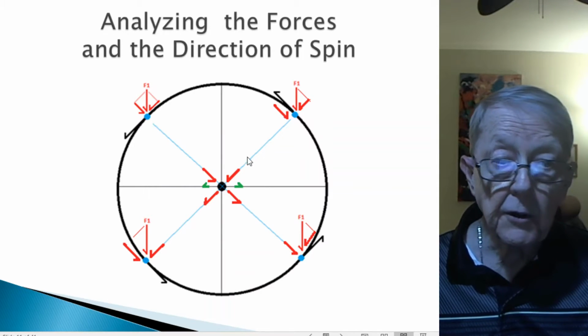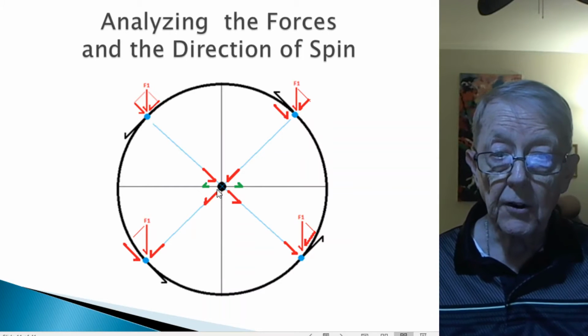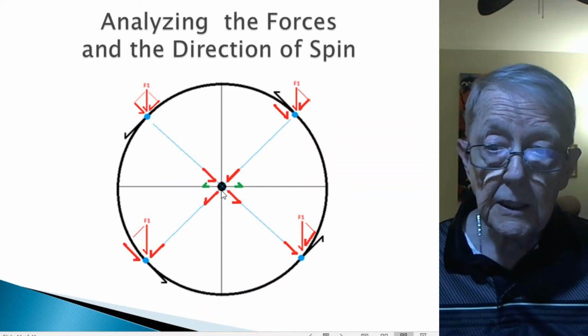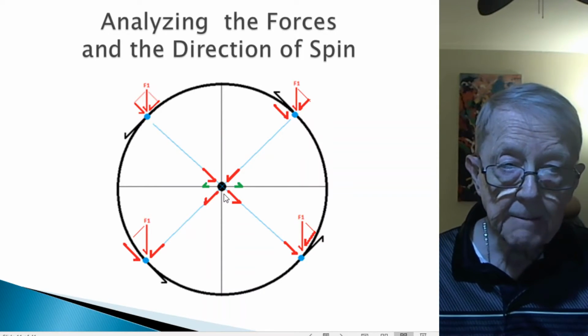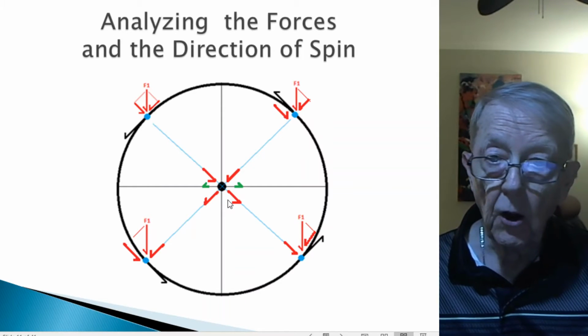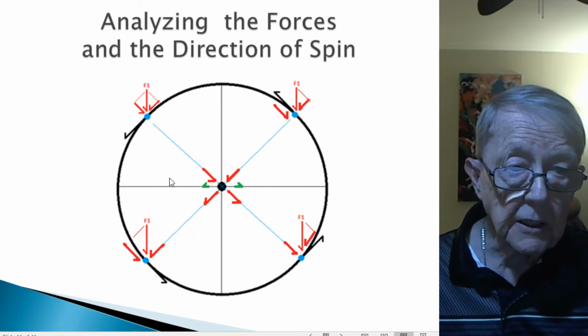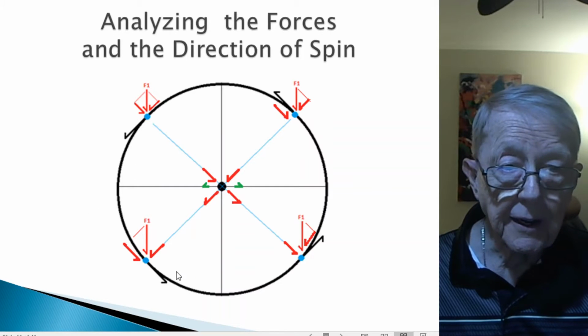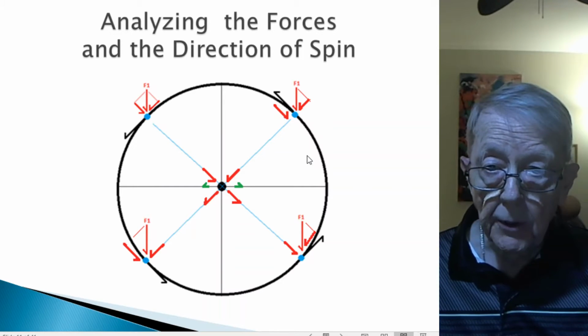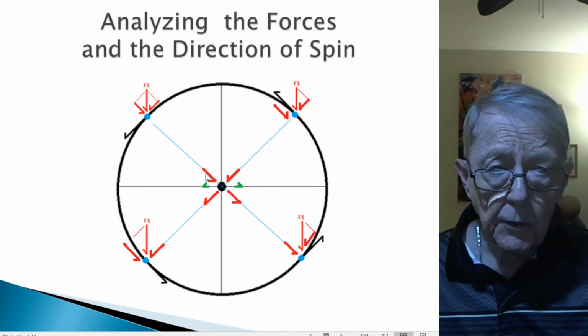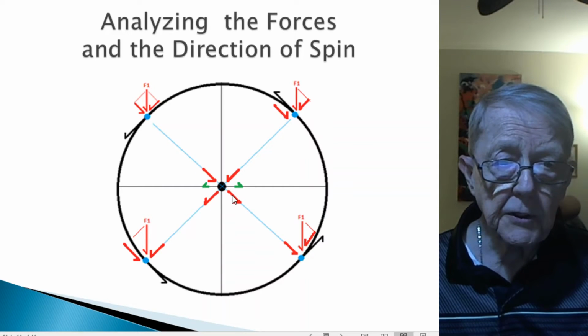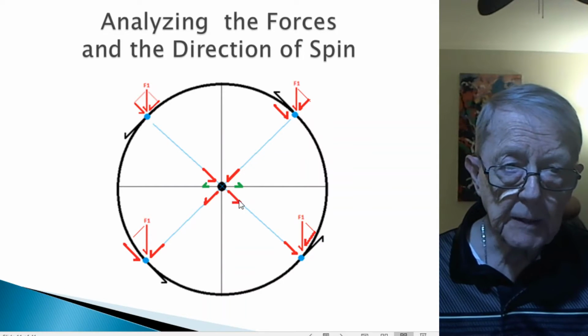Now, what I'm trying to do here is show that there are forces on the axle, and frankly, they're in all directions. And it's not only at these four points, but every point on this rotor would do that. But this is sufficient for an analysis.